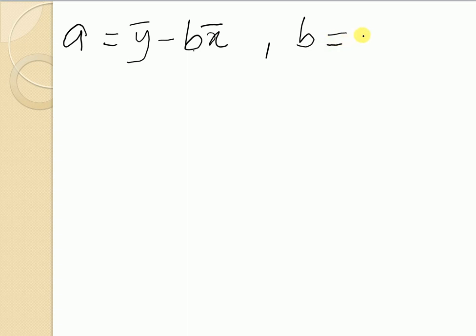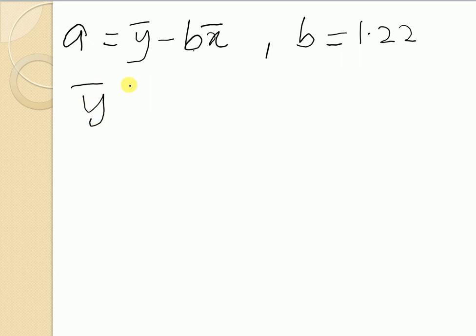Now calculate the value for the constant A. The formula is A equals y bar minus B multiplied by x bar. So we have what B is. We found B to be equal to 1.22. Now y bar is simply the average of the y values, and x bar is the average of the x values.